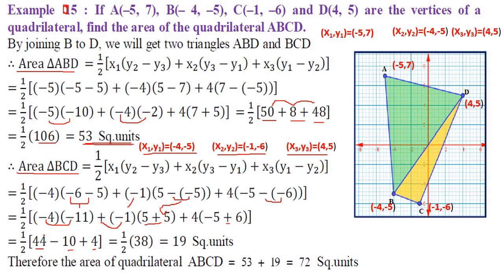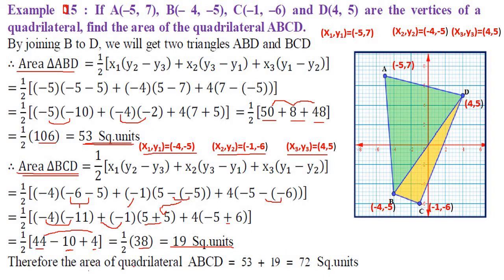Let us add: the total is 88, divided by 2, you will get 44 square units, which is the area of the triangle BCD.